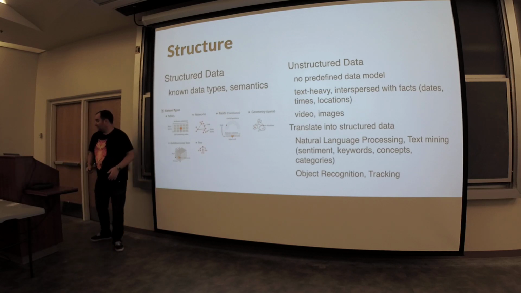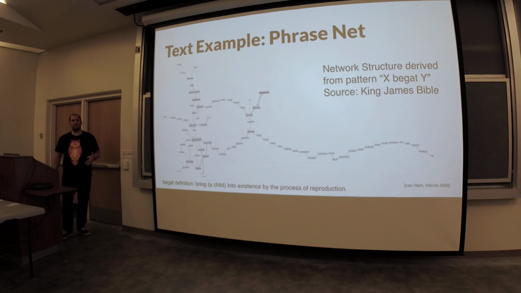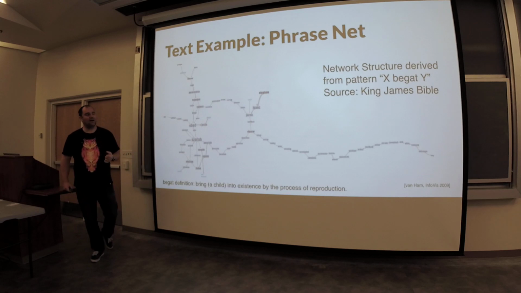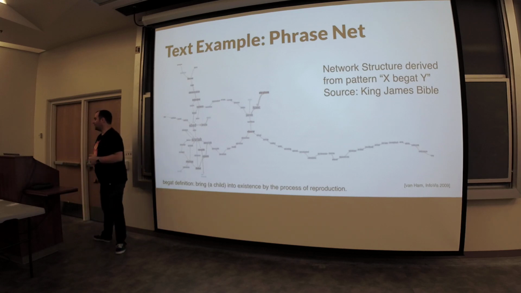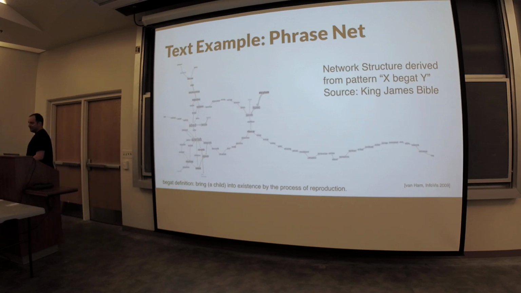Here's an example of what you could do with a very simple extraction algorithm from text. This is a paper from, I think, 2009 called Phrase Nets, and it's a trivial NLP thing that's happening here.